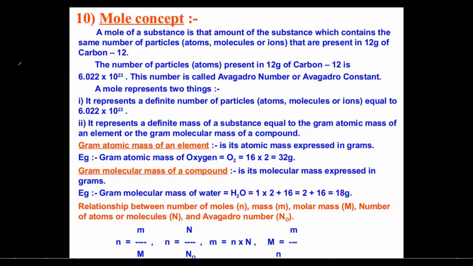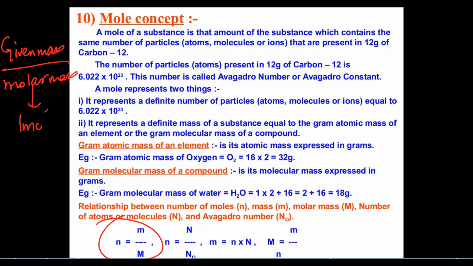The formulas are, for example, 1 mole. To calculate the number of moles, you write given mass by molar mass of a substance. This is equal to 1 mole of a compound. 1 mole of a substance is equal to given mass by molar mass.